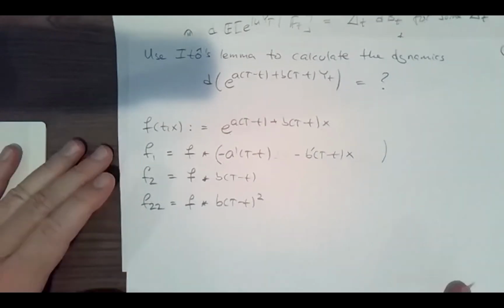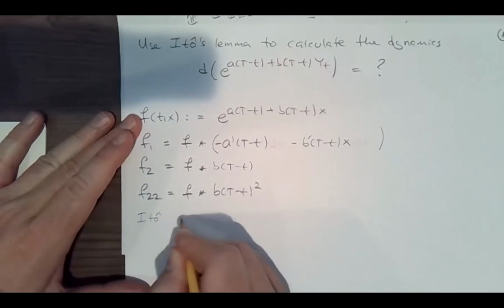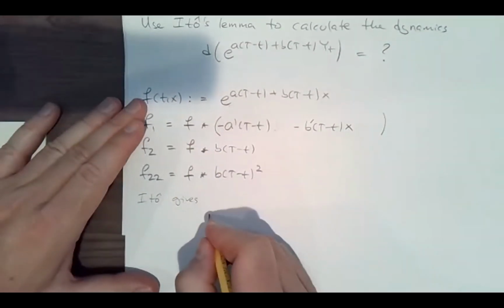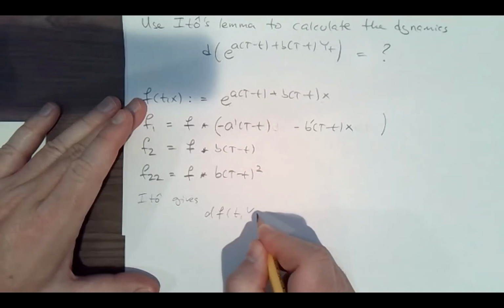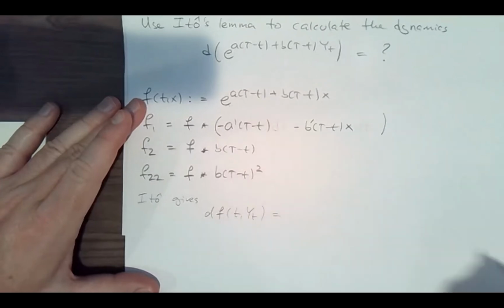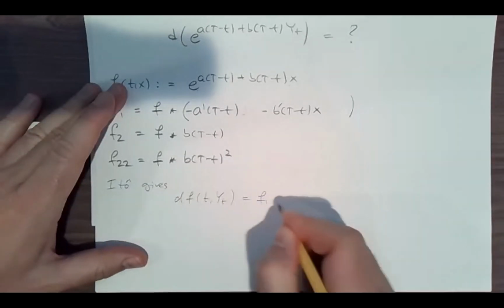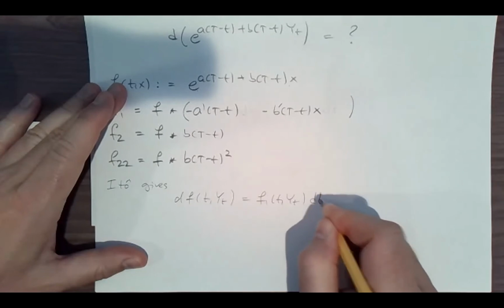And so now we're ready for Ito's lemma. So Ito gives me that df(t, Yt) is equal to what? Well, first we need f1(t, Yt), and then I need dt.